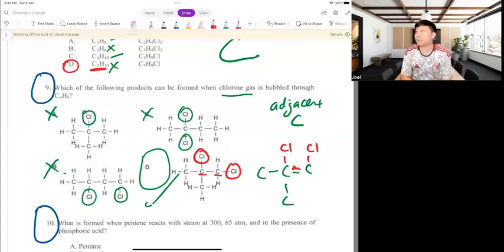But up, down, left, right doesn't matter. It can be here, it can be here, doesn't matter. It just has to be adjacent carbon. So Aaron, very good.